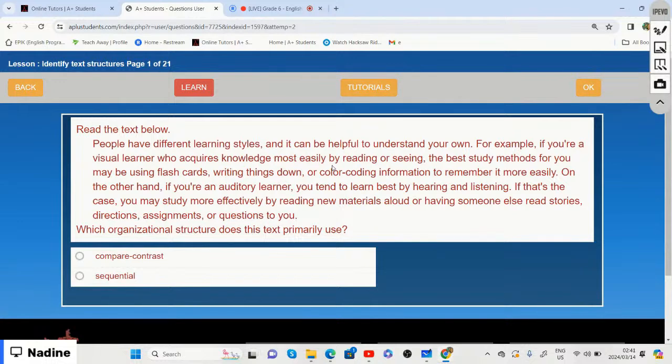On the other hand, if you're an auditory learner, you tend to learn best by hearing and listening, right? And if that's the case, you may study more effectively by reading new materials aloud and having someone else read stories, directions, assignments, or questions to you.